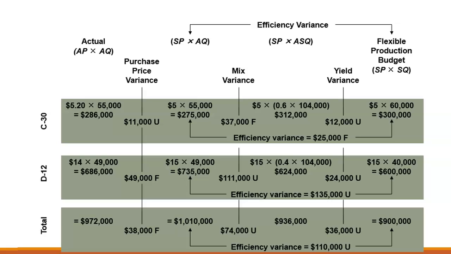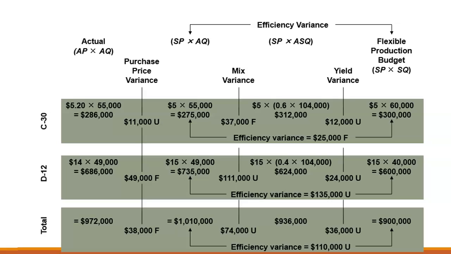Then let's get into our mix and yield variances. So we have the $5 times the 55,000. That's what we should have spent, so our standard price times the actual quantity. And then we have our mix variance because we should have used a 60% mix.